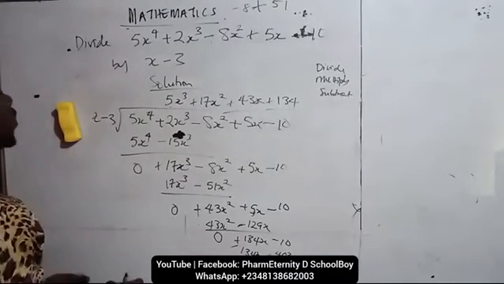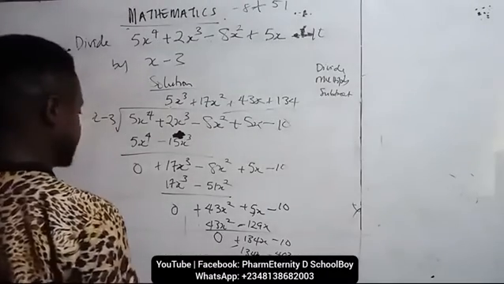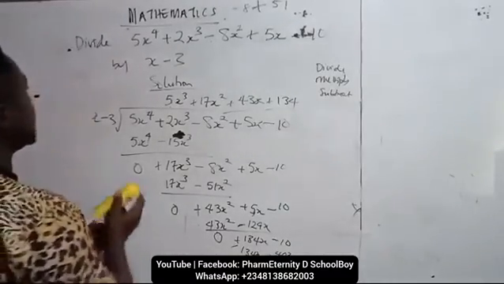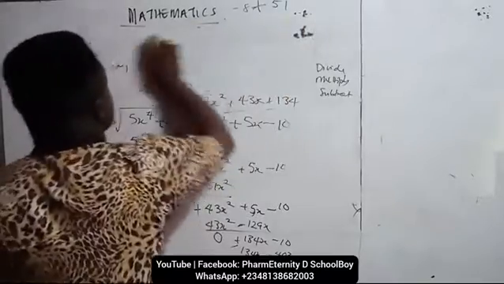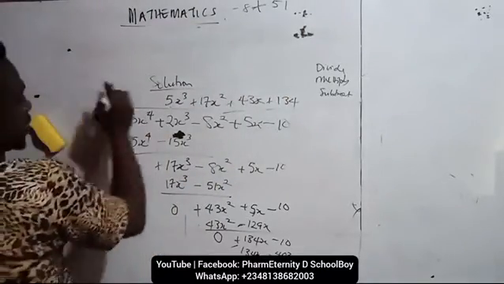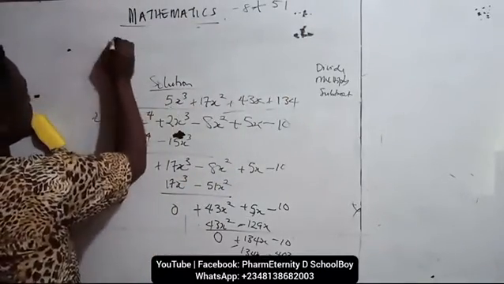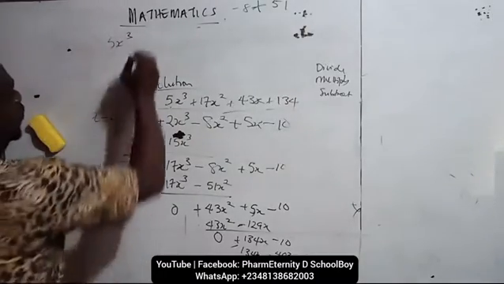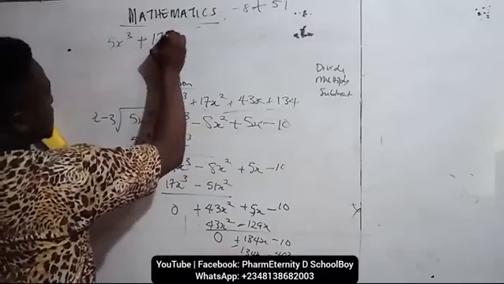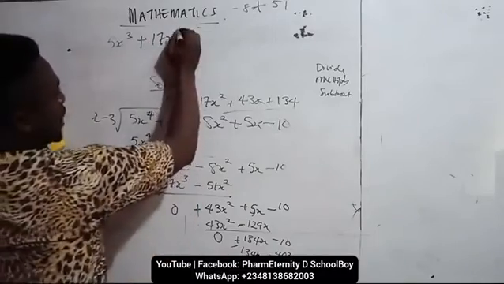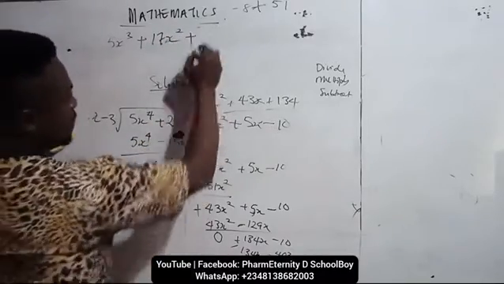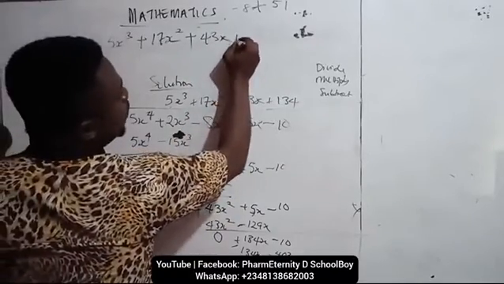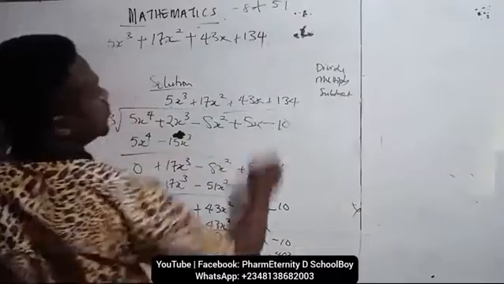This will now give us the answer to this problem: 5x cubed plus 17x squared plus 43x plus 134.